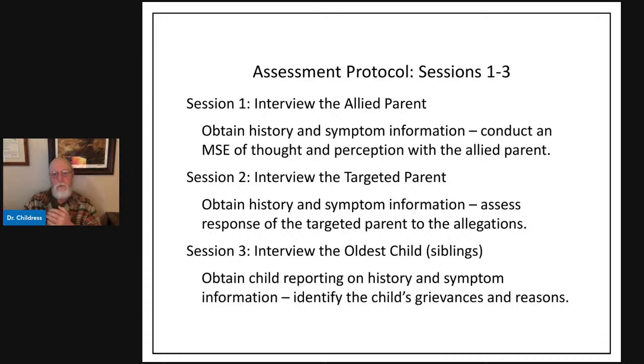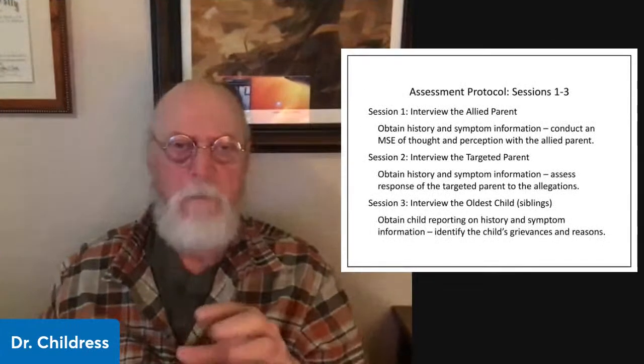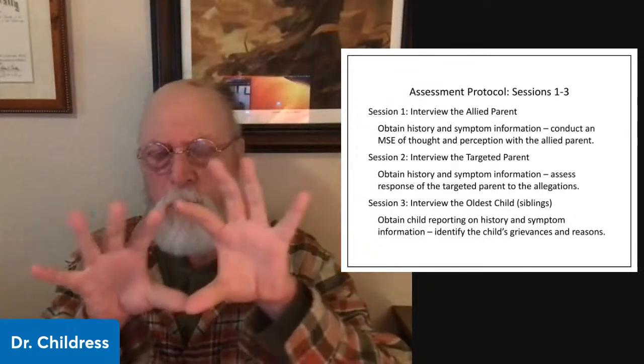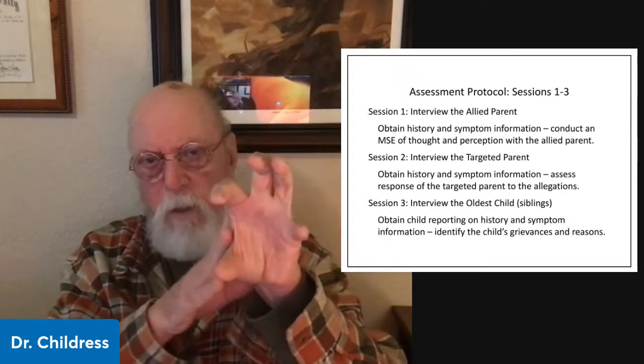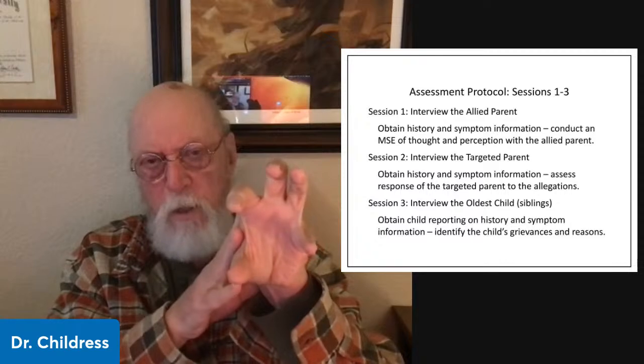Then the third interview I'm going to conduct with the eldest child, because typically that's the targeted child that the allied parent will seek to form the alliance with. But I'll look at the age ranges of the children for this, and let me talk about that for a second. So if we have multiple children in the family, I will definitely want to talk to the most affected child, the eldest child.